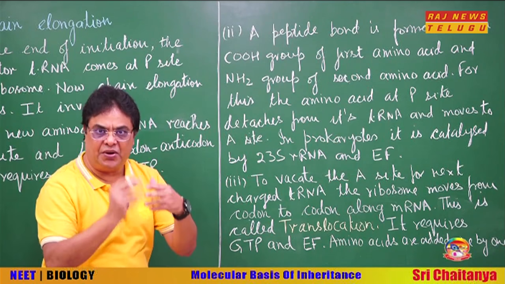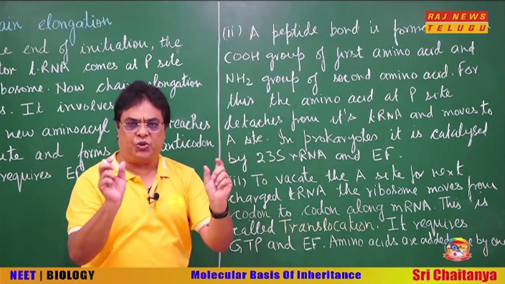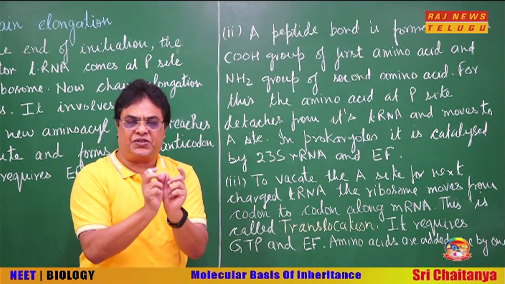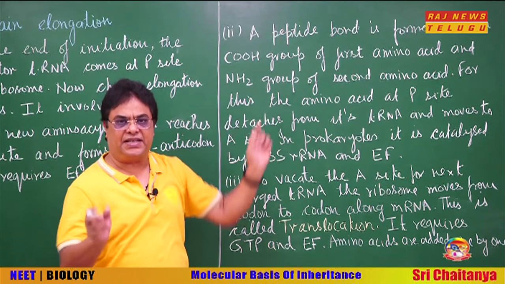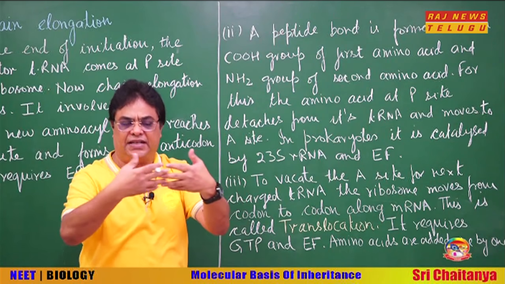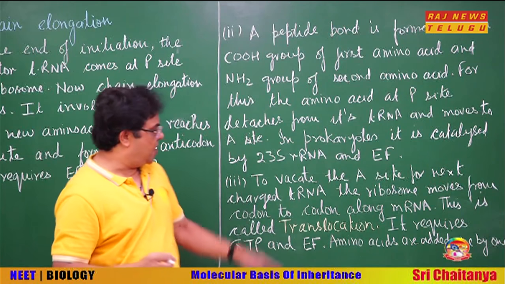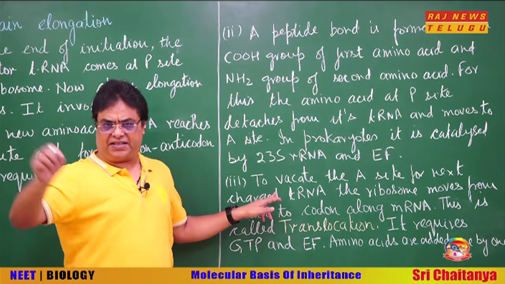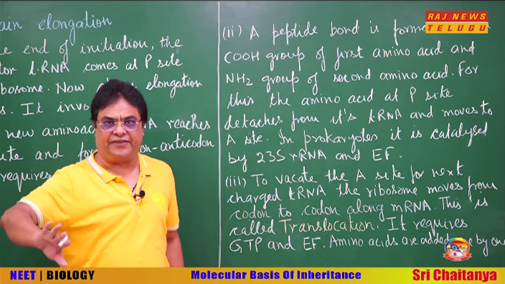catalyzing the bond formation between two amino acids lying side by side. One more thing, in the beginning we said that these two tRNAs that have come are already energetically active. So at this time, no additional energy source is required. It is energetically favored that the peptide bond is formed between the amino acids. Now the third substep. Now the next charged tRNA has to come, so the A site should be vacated for that.